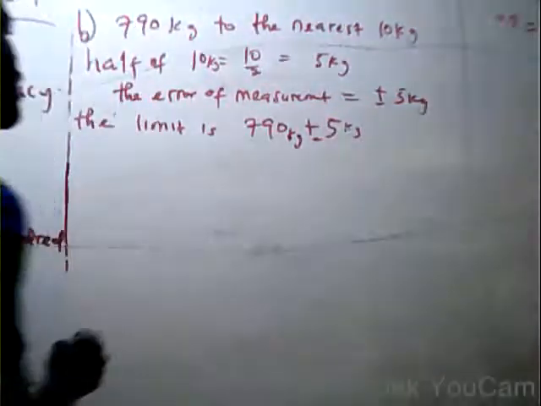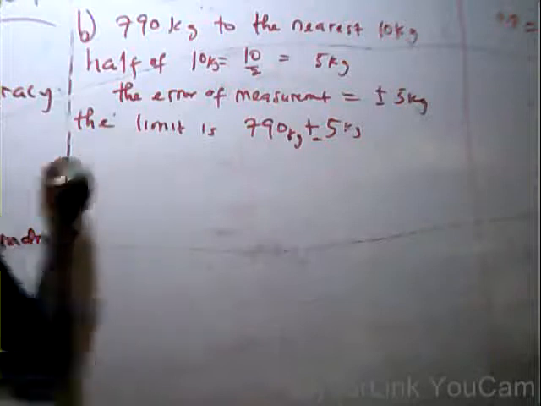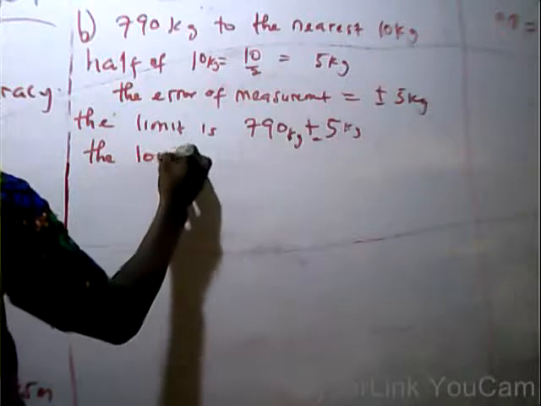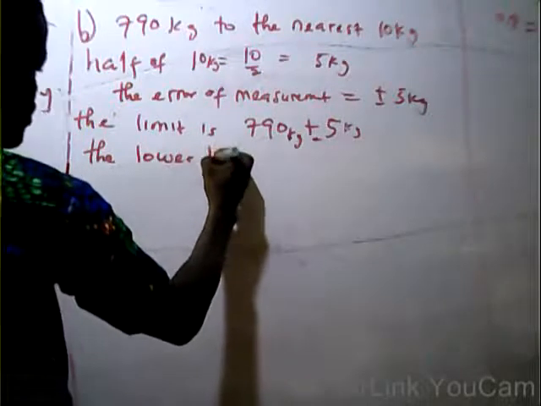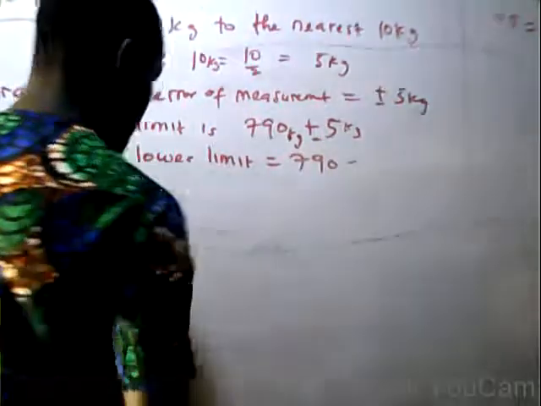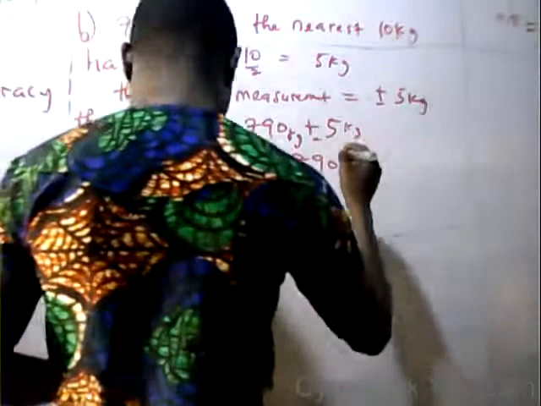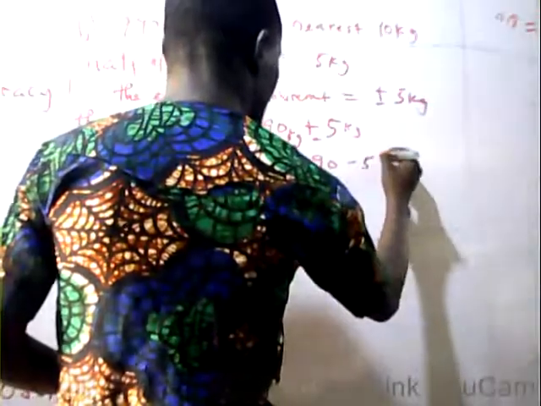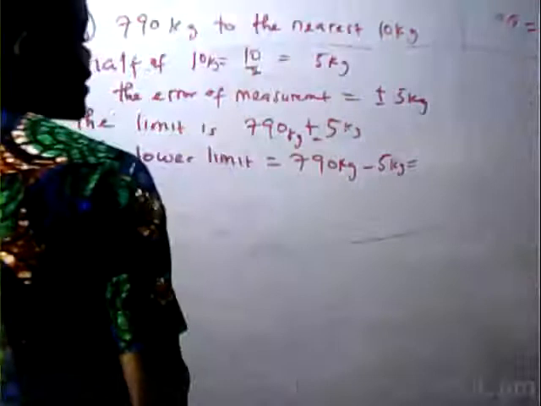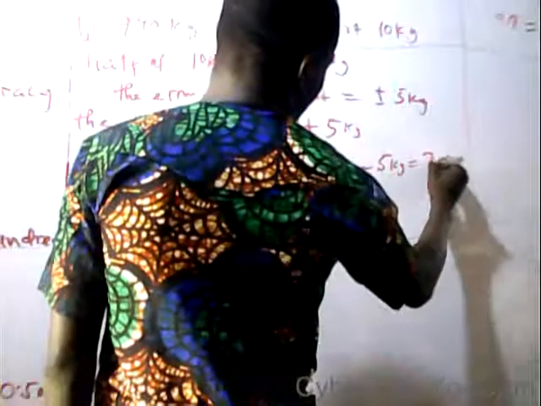So which means the lower limit is what? 790 minus 5, everything in kilogram, which is 785 kilogram, right? 785 kilogram, I think so.